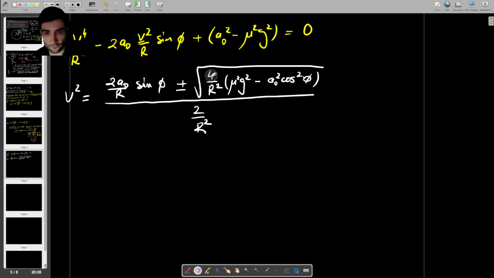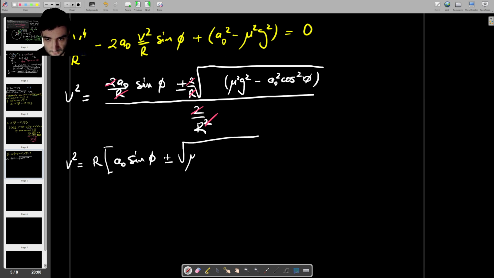Okay, 4 over r squared actually can come out and becomes 2 over r, and then we cancel out some things, so we cancel out the 2's, we cancel out this, this, and this, and we get that v squared is going to be equal to r times a0 sine phi plus or minus this.